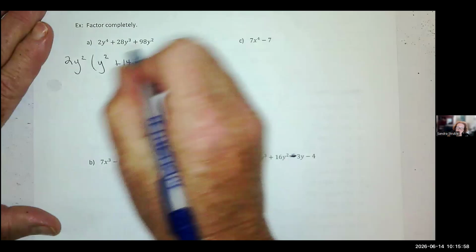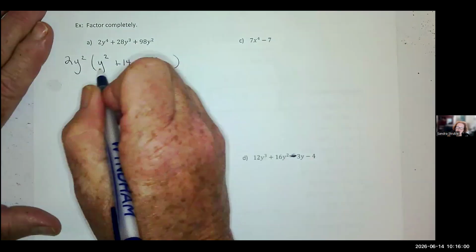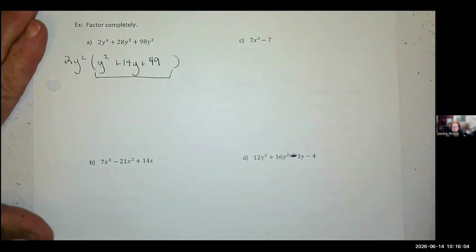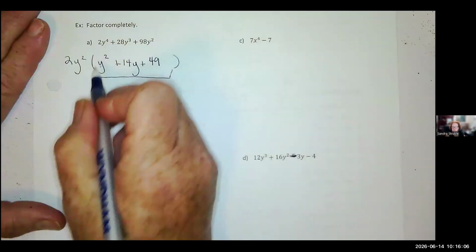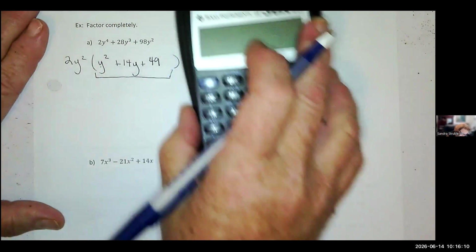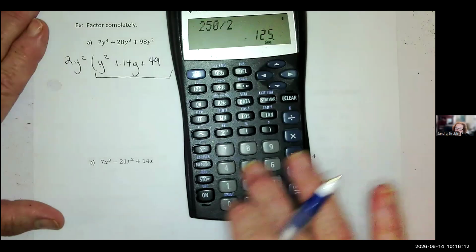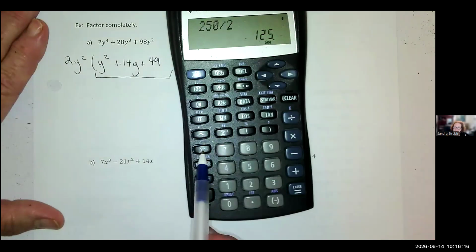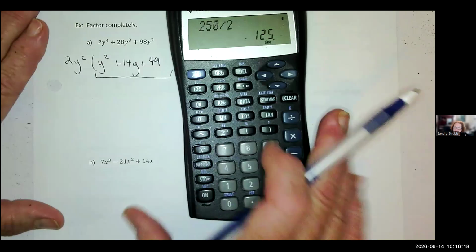This trinomial has two perfect squares, in numbers and variables. The y squared is a perfect square. The 49 is a perfect square. If you need to check whether it's a perfect square, you just take the square root. You have to find that little x squared, that guy right there on your calculator.